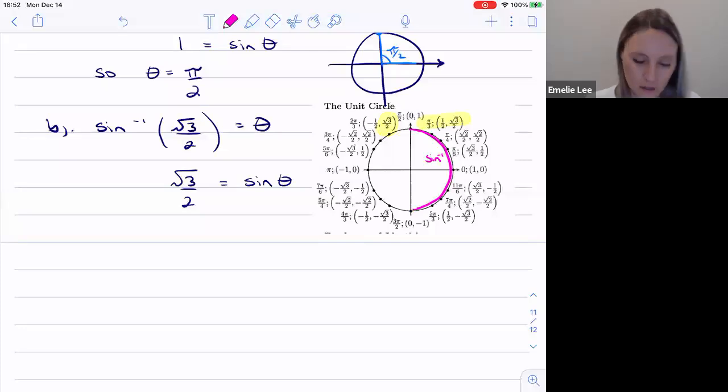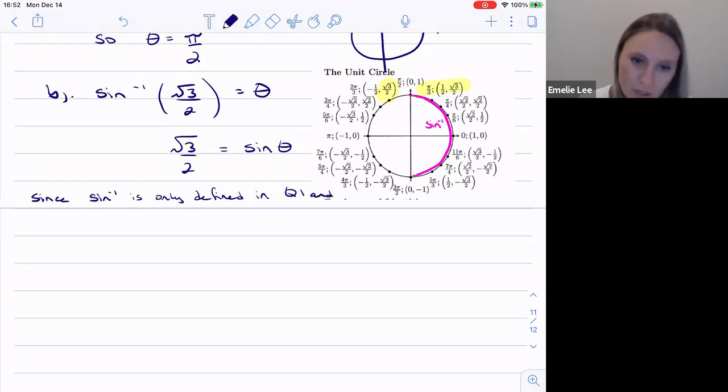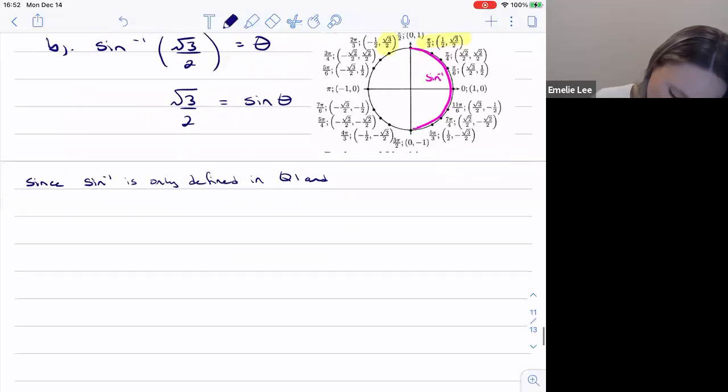Okay. So since sine inverse is only defined in Q1 and Q4, I tried to keep it on the same page, but fresh page.